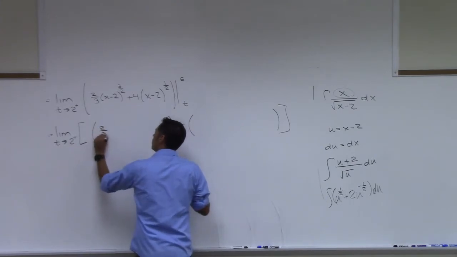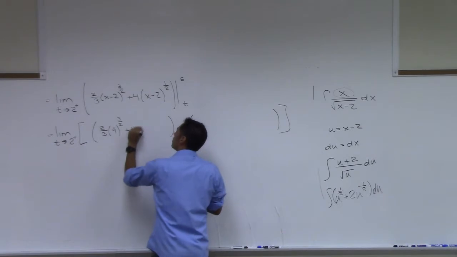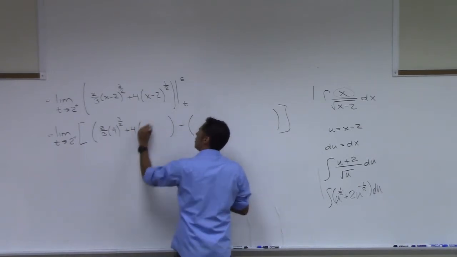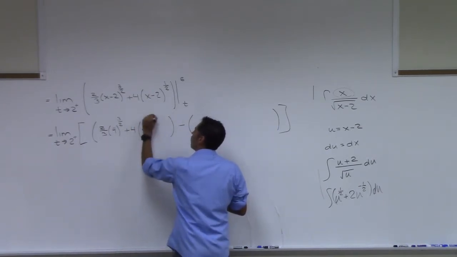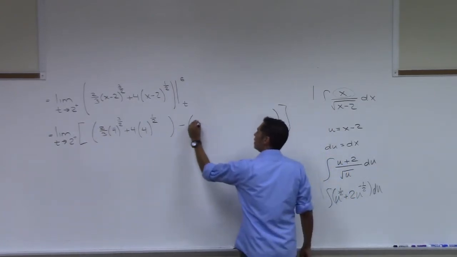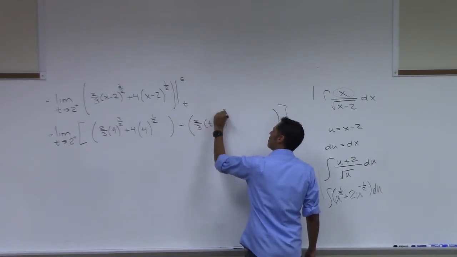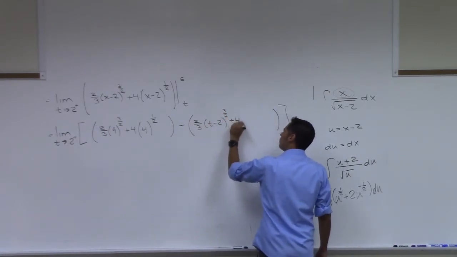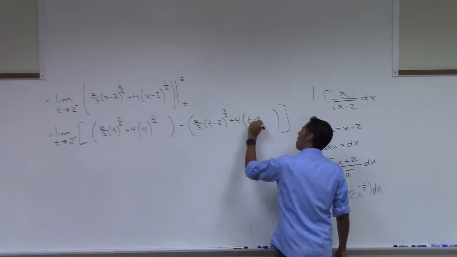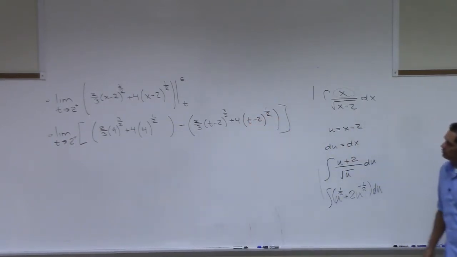So 2/3 times 4 to the 3 halves plus 4 times, again, 6 in here, we get 4 to the 1/2. And then we plug in t. I realize this is tedious to have to write this all down, but questions?